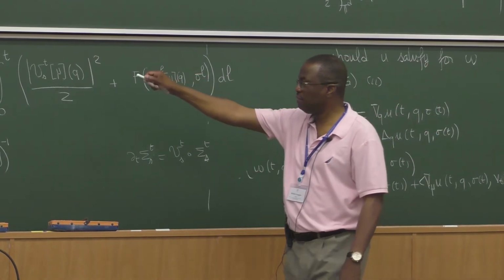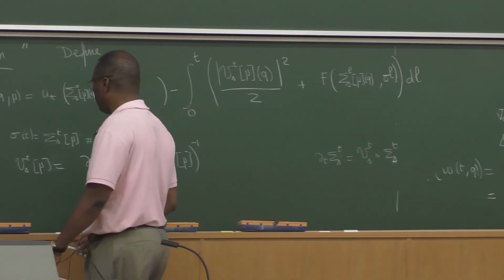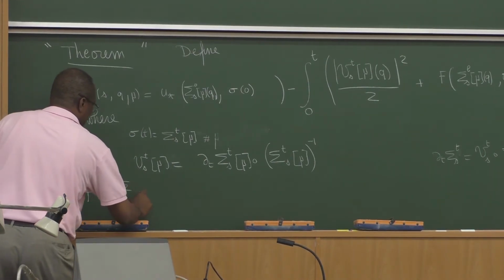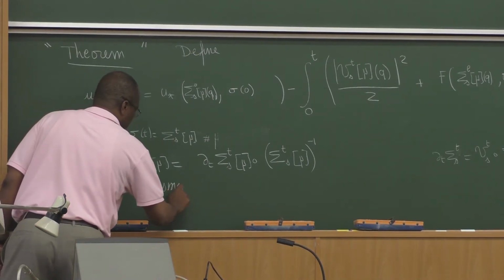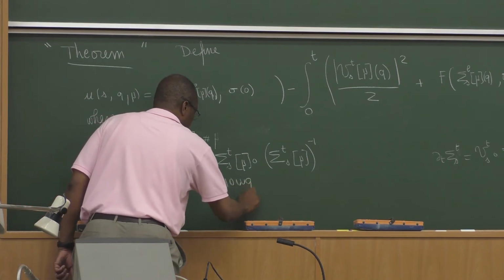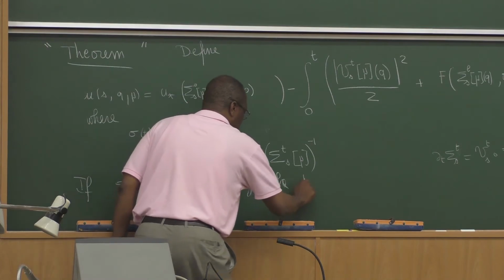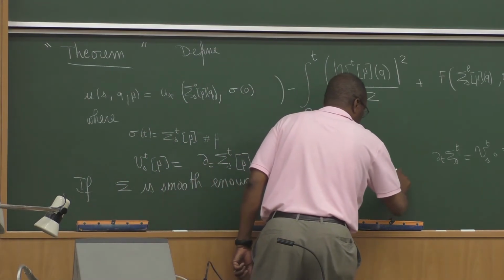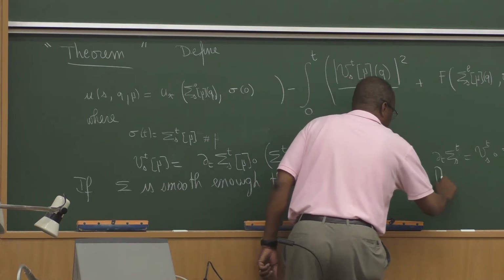So theorem, define u this way. If sigma is smooth enough, then u is a solution to the master equation.